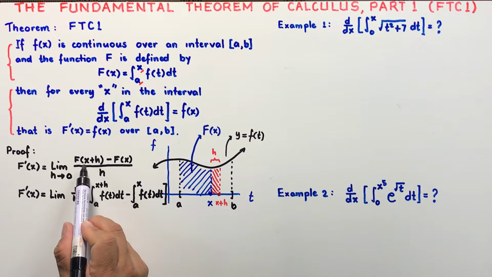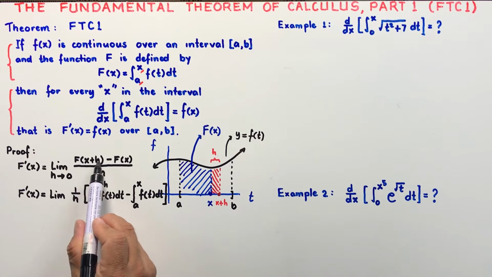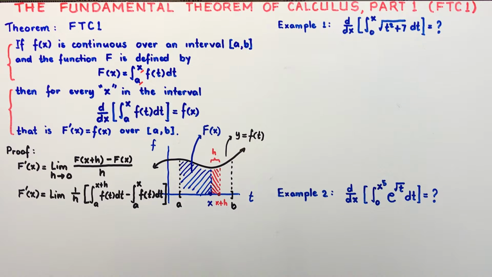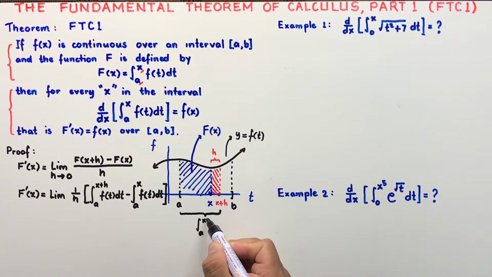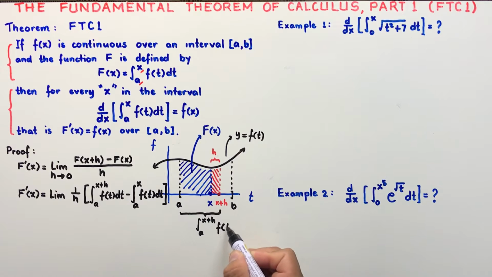But since our independent variable here is x plus h, this integral here is the area from a to x plus h. So this is now our integral from a to x plus h of our function f of t dt here.